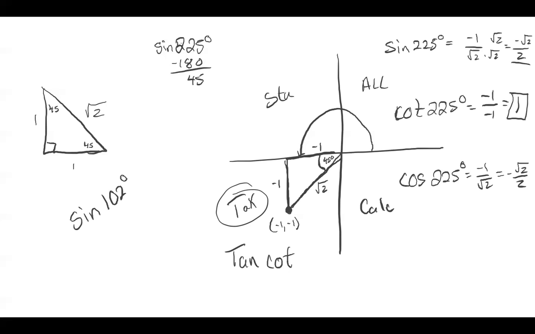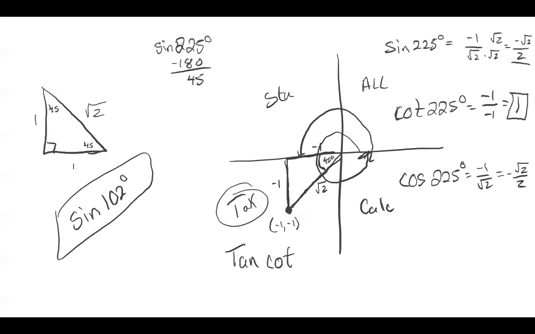But for the basic ideas of anything that's a multiple of 30 or 45, all the way around the circle from 0 to 360, you're always going to have exact answers. So if you're trying to figure out sine of 102, I'm sorry, you would just punch it in the calculator and get the decimal answer.